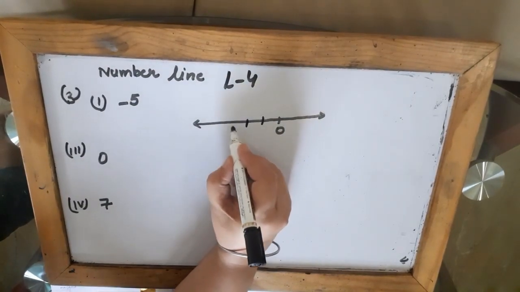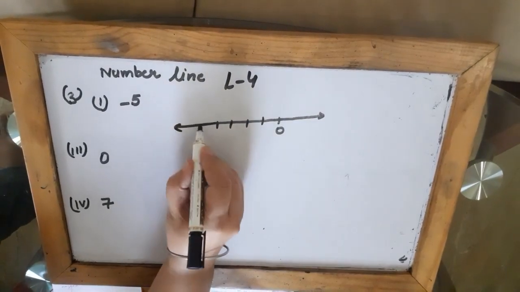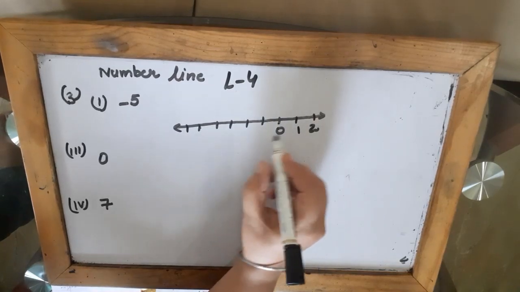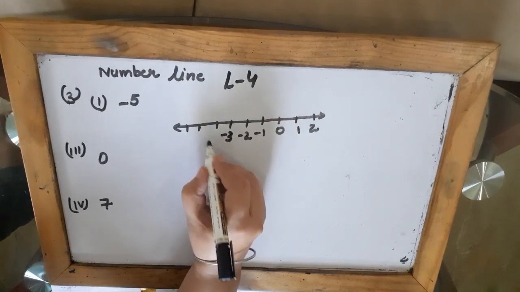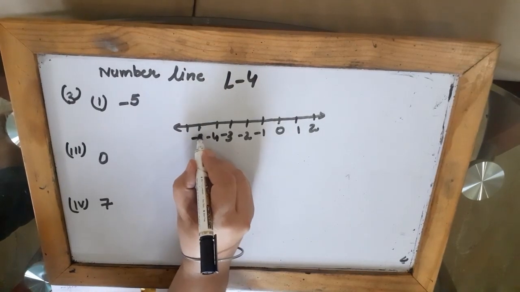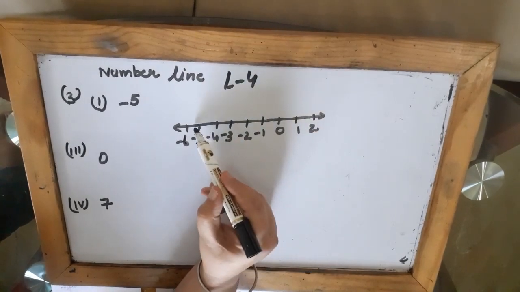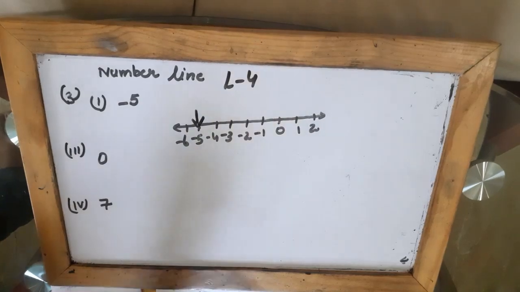So 1, 2, 3, 4, 5, 6, and here you have positive numbers, while to the left you have negative numbers. So where is minus 5? It is to the left side of 0, and here you have minus 5.